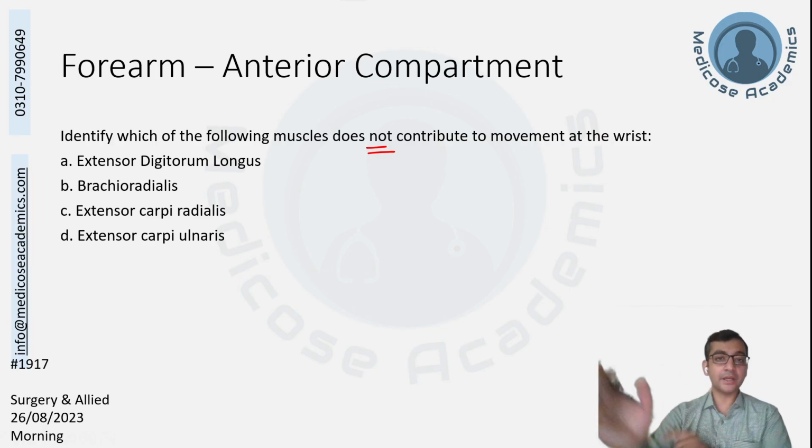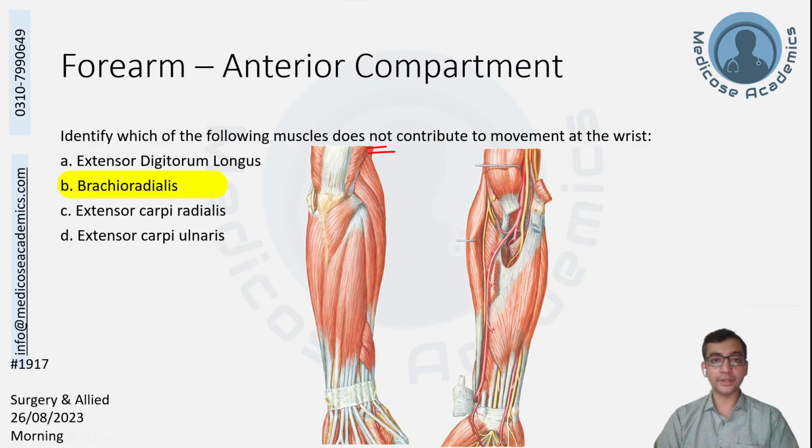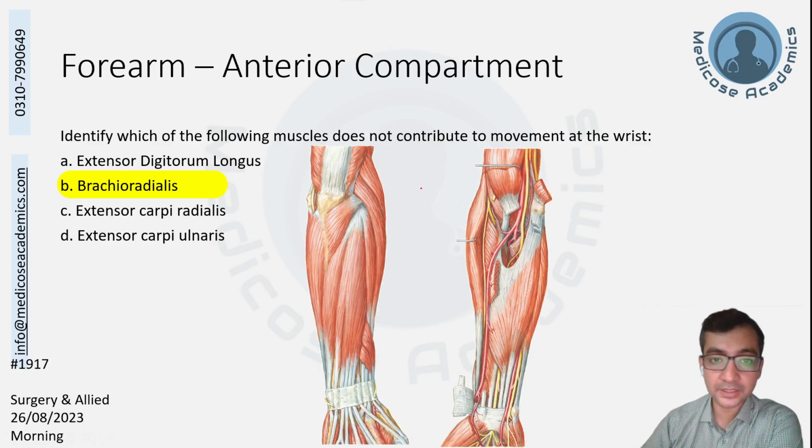And brachioradialis, it ends here at the styloid process of the radius, so it does not lead to any movement at the wrist joint. So the correct answer will be brachioradialis. And here you can see from the posterior view and the anterior view, the brachioradialis ends right here. This is the brachioradialis muscle. It ends here before crossing the wrist joint.